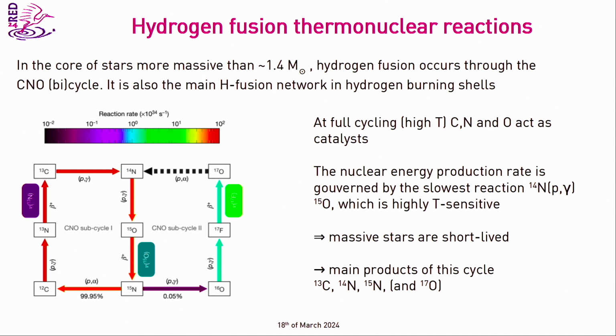In this, there's also a bottleneck, and the bottleneck is this reaction, the nitrogen 14 (p,gamma) reaction. So capture of a proton on nitrogen. It's very sensitive to temperature, and so this cycle will essentially yield carbon 13, nitrogen 14, nitrogen 15, and a bit of oxygen 17. This is what comes out from these nuclear reactions.